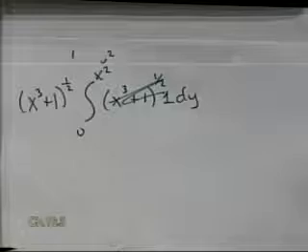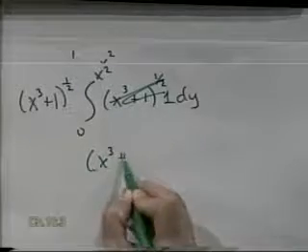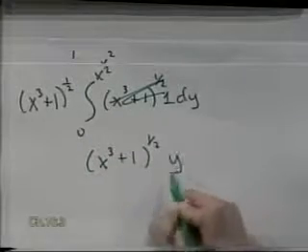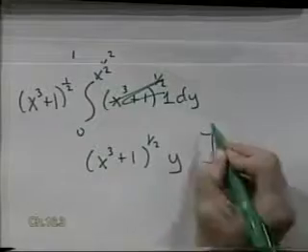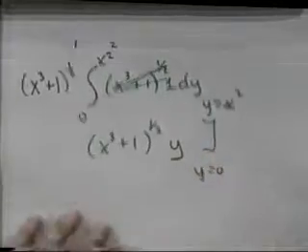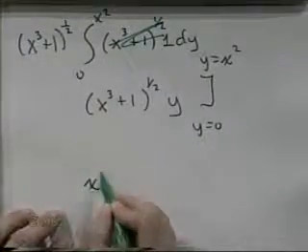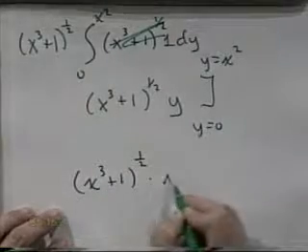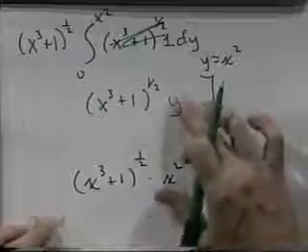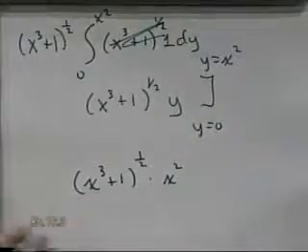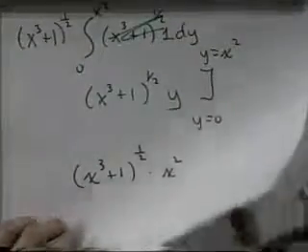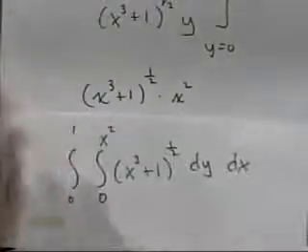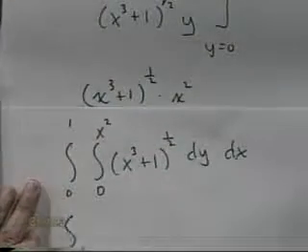You're really integrating 1 dy, so it's going to be the constant times y. And we're going from y equals 0 to y equals x squared. You're going to get x cubed plus 1 to the 1/2 times x squared minus, you put the 0 in, you get nothing. Then you take this and you plug it into the second integral.